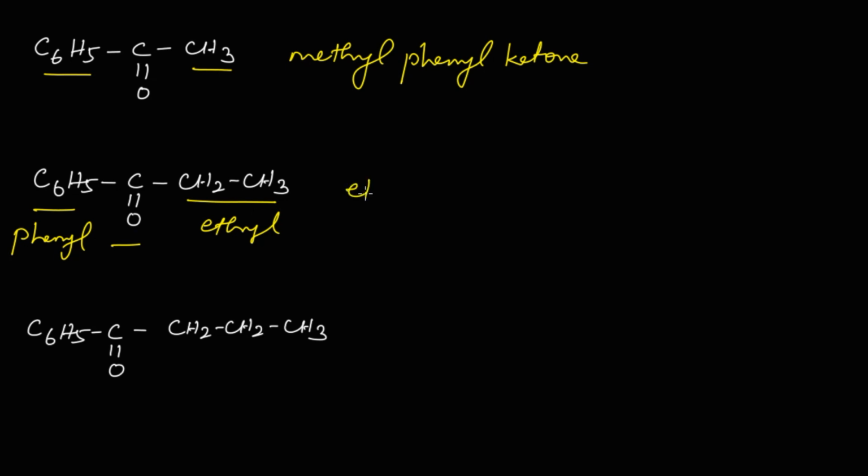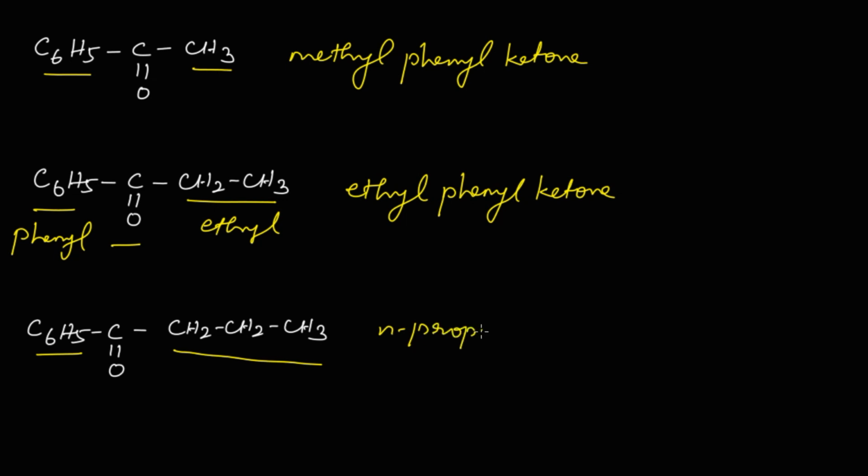So ethyl phenyl ketone is the common name for the second one. Then the third one: this is n-propyl and this is phenyl. So n-propyl phenyl ketone is the common name for the third one.